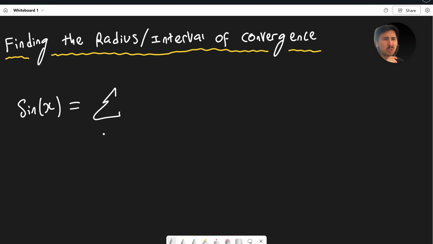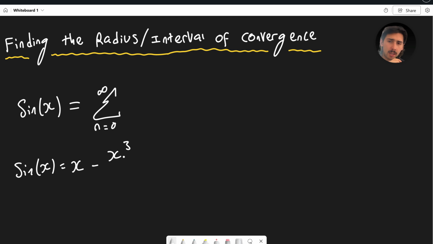I used r in the last one, I'm going to use n here. Sine x is equal to the sum from n equals 0 to infinity. Again, this is centered at the value 0. And what do we have? Well, we know the Taylor series for sine x is x minus x cubed over 3 factorial plus x to the power of 5 over 5 factorial, and this just goes on and on. So what's happening?